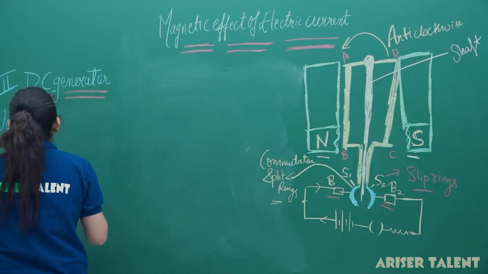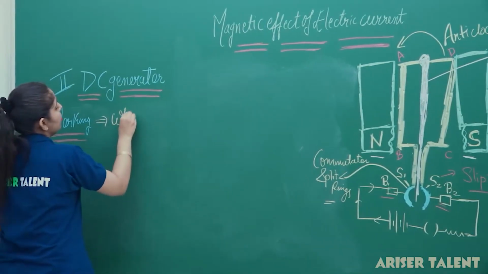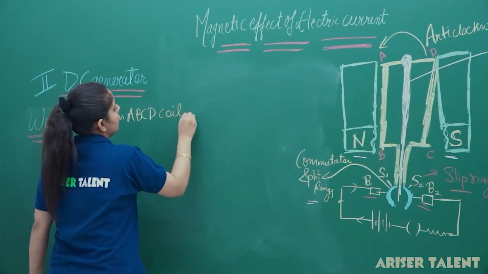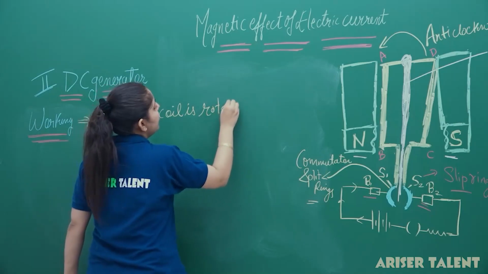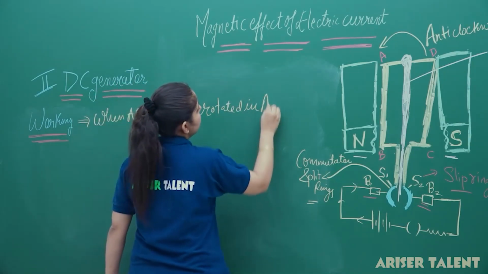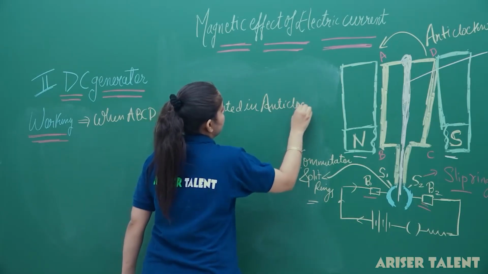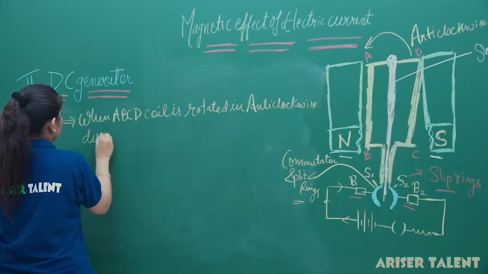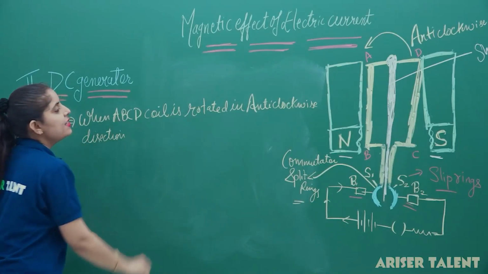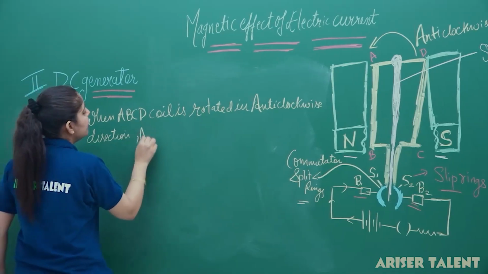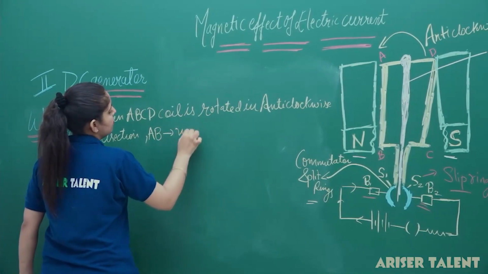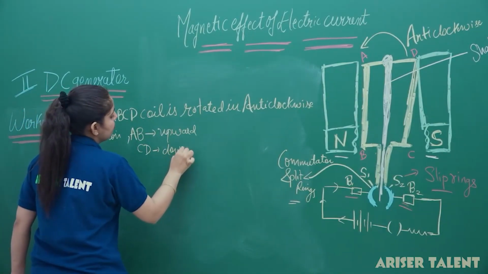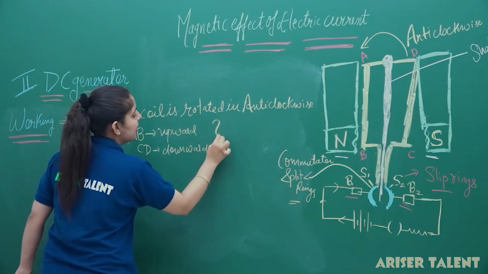So, firstly, when the ABCD armature is rotated in anti-clockwise direction, AB will be in the downward part and CD will be in the upward part.